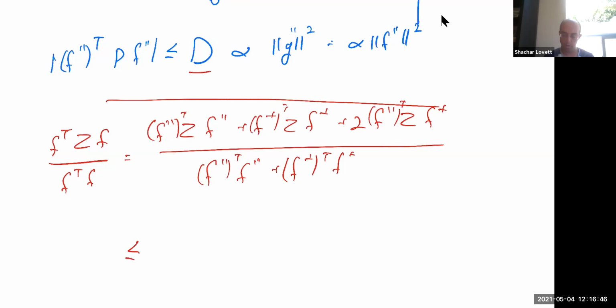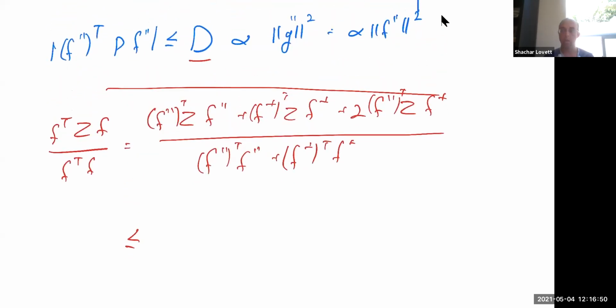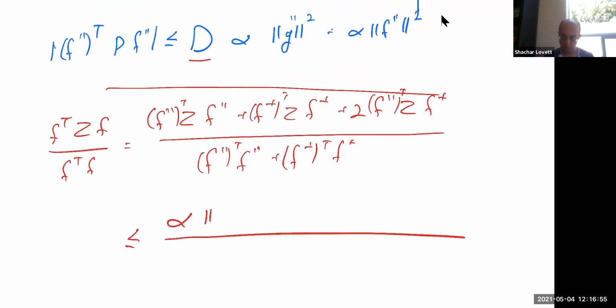Now we can bound. So the first part is what we just bounded, right? It was alpha times the norm of f parallel squared. The second part was this perpendicular part that we found, one by beta squared, times the norm of f perpendicular squared.